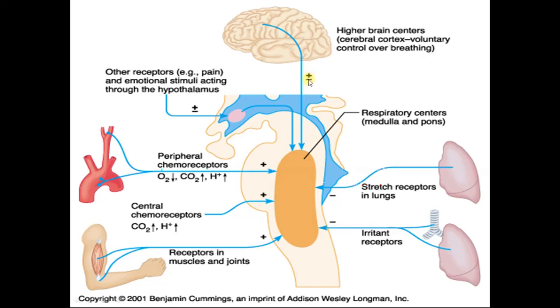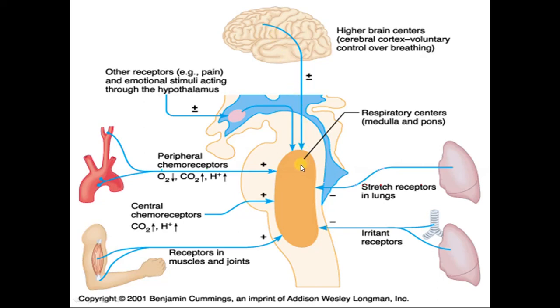In the last lecture, I told you that we can have a partial control of our breathing by hyperventilating for a short period of time or by holding the breath for a short period of time. So if we are hyperventilating, this is a stimulatory effect, and if we are holding the breath, this is an inhibitory influence of the cerebral cortex on the respiratory center.